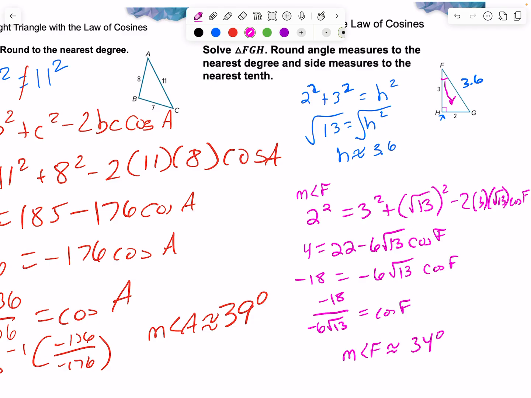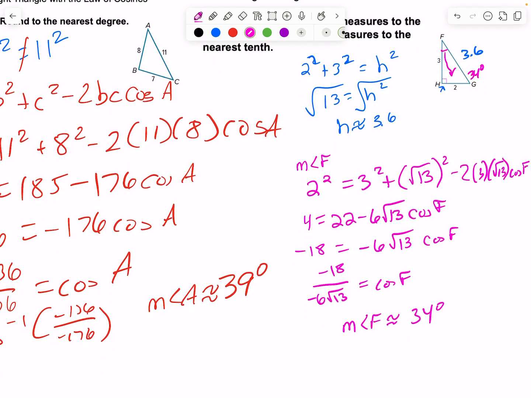Now, you could have done the other one, right? You could have done angle G instead. When you would have done angle G, you would have got 180 minus these other ones, so you would have got 56, right? So we already knew that.